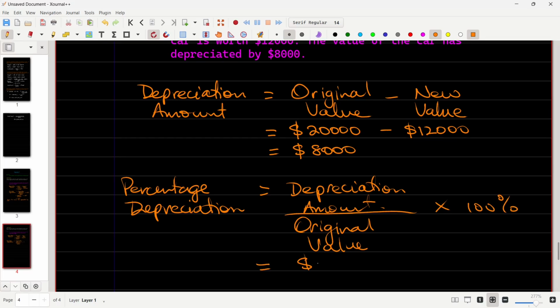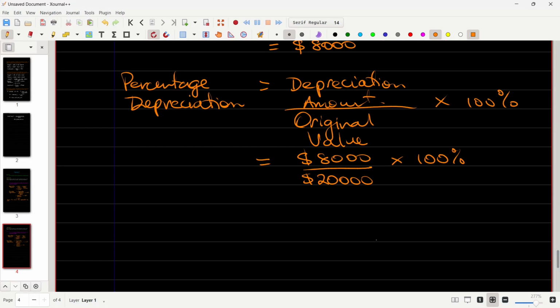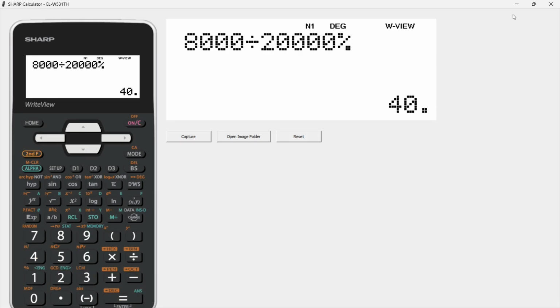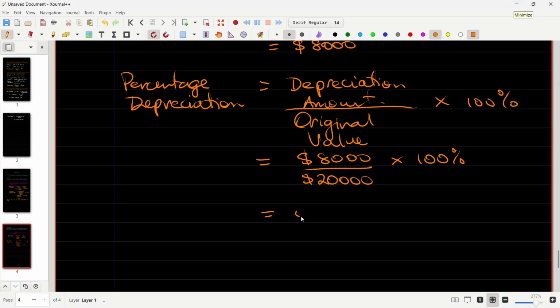And that is how we get 8,000 divided by, sorry, not 12, 20. And then we times 100%. Working that out on a calculator, we can get the percentage. Let's do that. The answer was 40%.